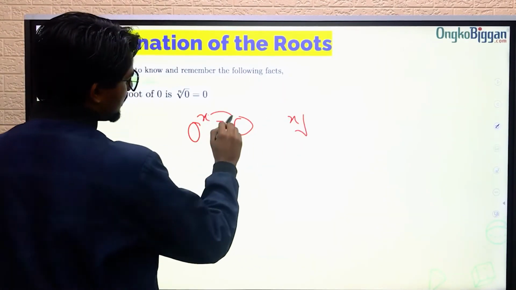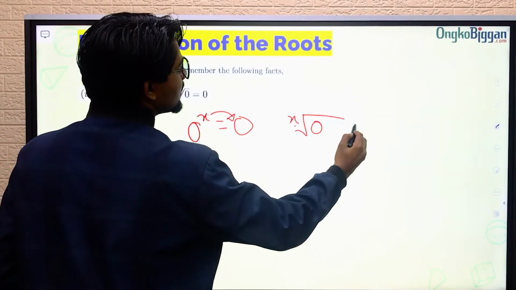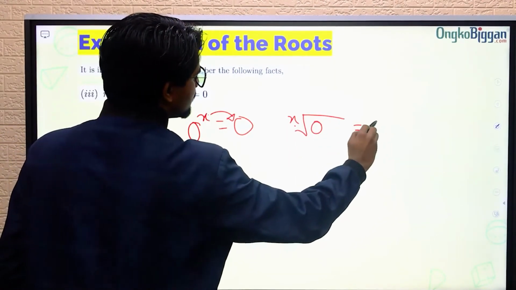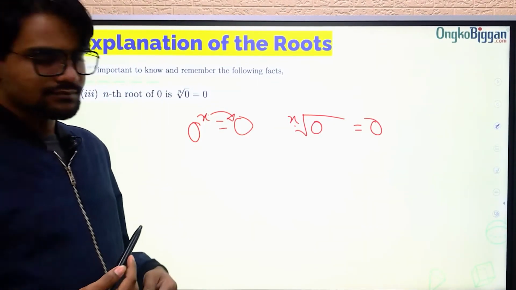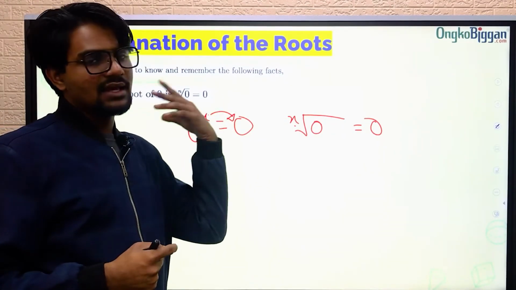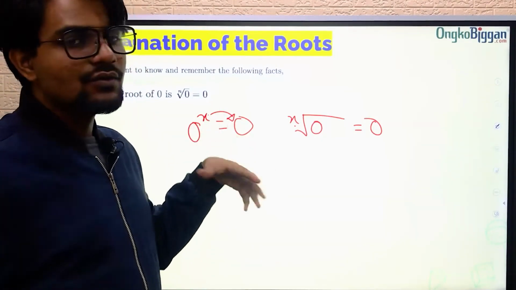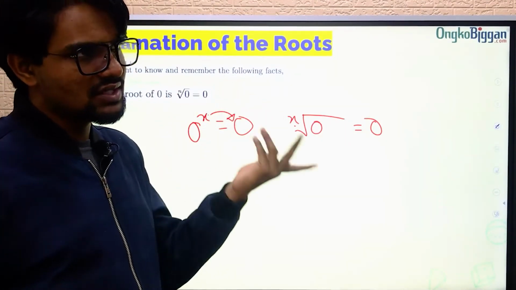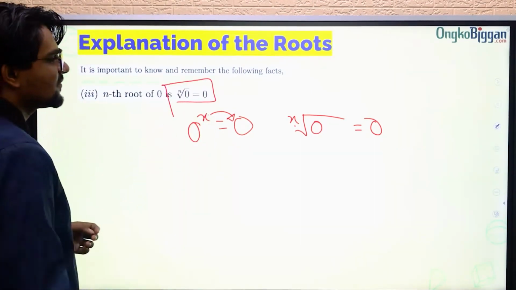If I move this root over, we get the x-th root of 0, which is equal to 0. In a similar way, any root of 0 is always 0. So this is a fact basically.